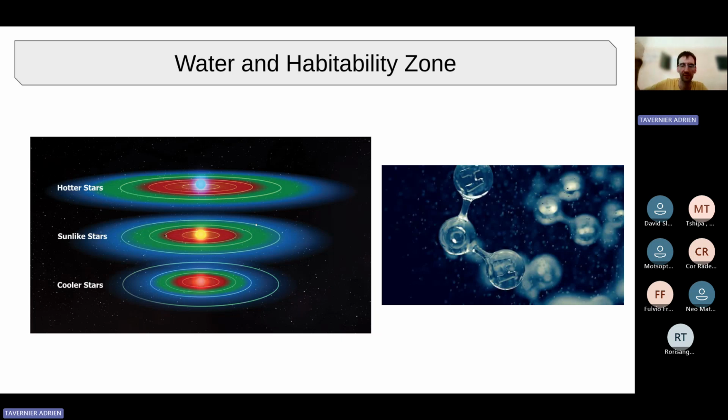And for the outer edge, it is when the gas of the atmosphere condenses in the upper part of the atmosphere. That is why you can have an uncertainty in the habitability zone. But for the search for life in the universe through exoplanets, it is something which will be used a lot to prioritize observations of planets that are in the habitability zone.